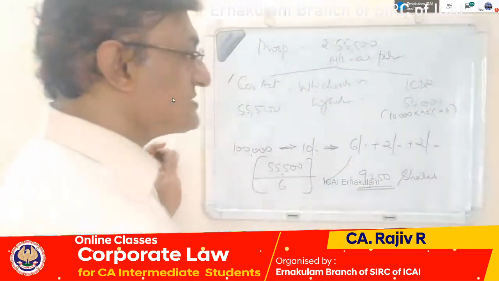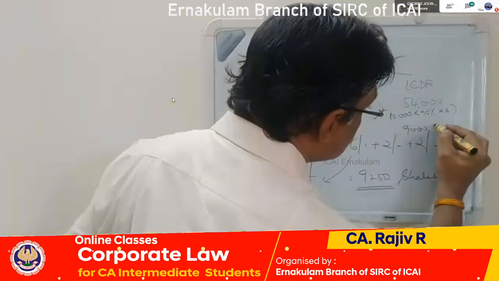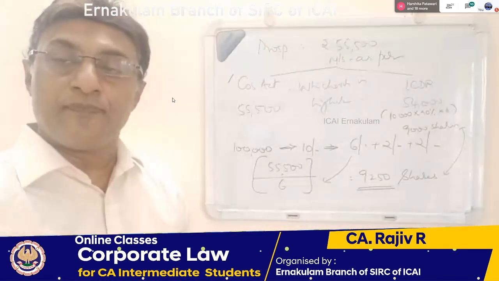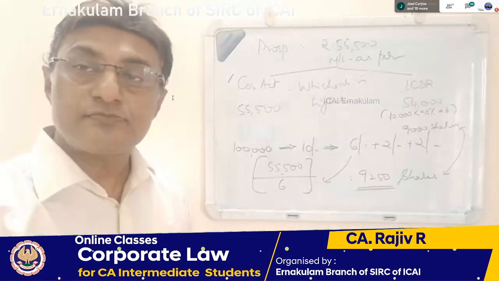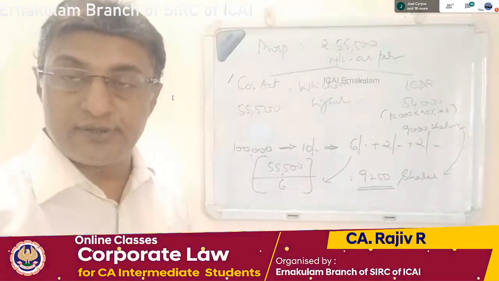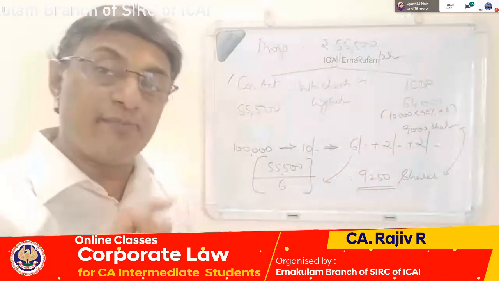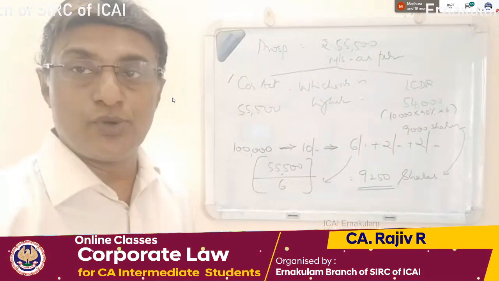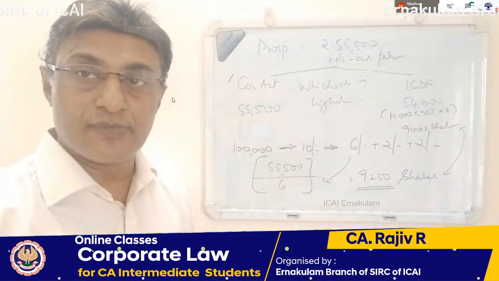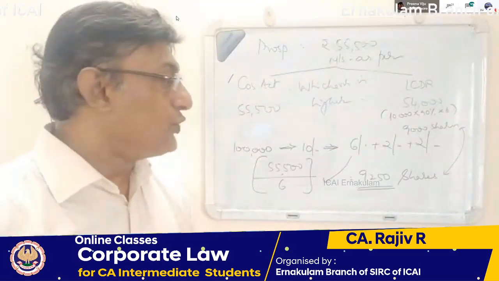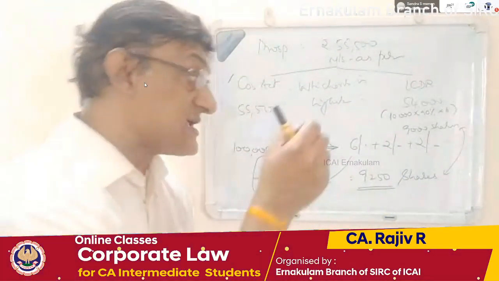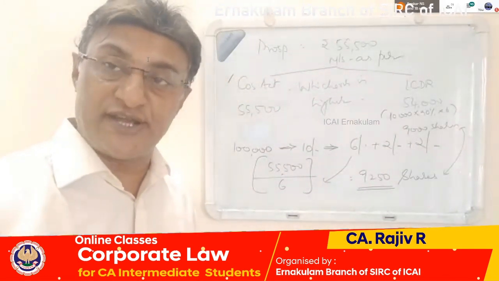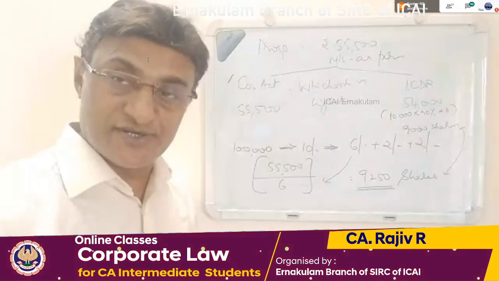In the previous case, it was 9,000 shares. So I'm building up a new block. You will have to determine minimum subscription in terms of both amount and number of shares. Here, when the minimum subscription amount is given to you, you're working backwards. Working backwards, you get the minimum subscription in terms of number of shares, which is 9,250. That means, unless the public subscribes for 9,250 shares, the company cannot go in for launch.